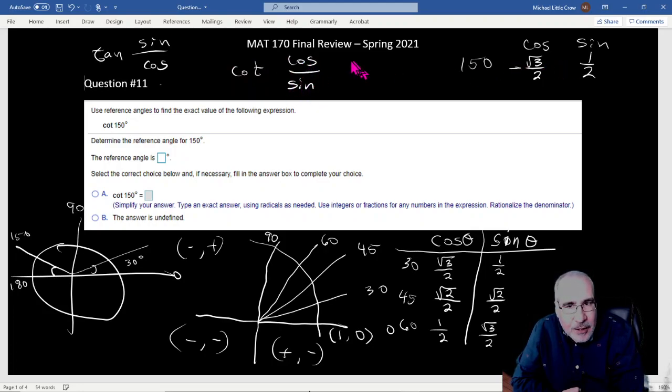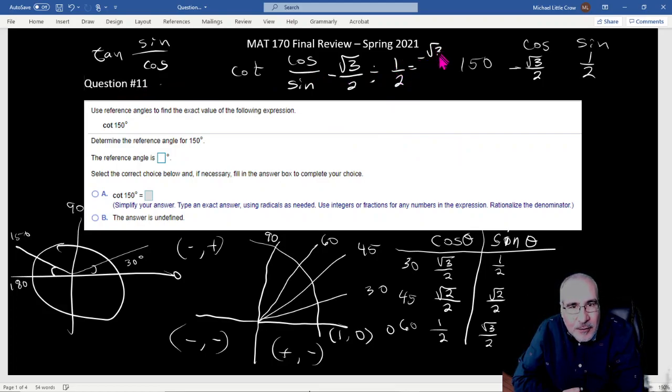So what is cosine? It's square root of 3 over 2 with a negative on it. Sine is in the denominator, so we're dividing by 1/2, which we flip and multiply, right? So in the end, I'm going to run out of room here.